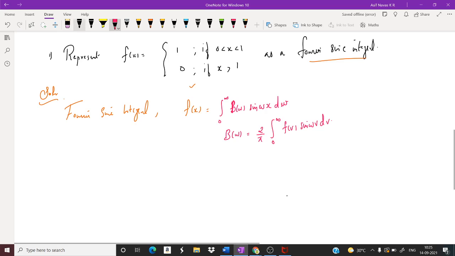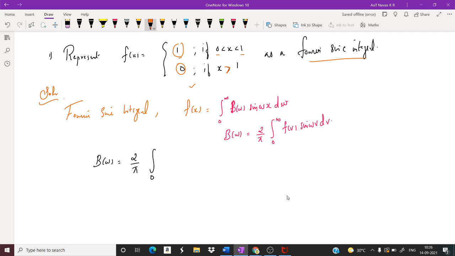Now first we have to find b of omega. So this is 2 by pi times the integral. The function is 1 between 0 and 1, and 0 if x is greater than 1.